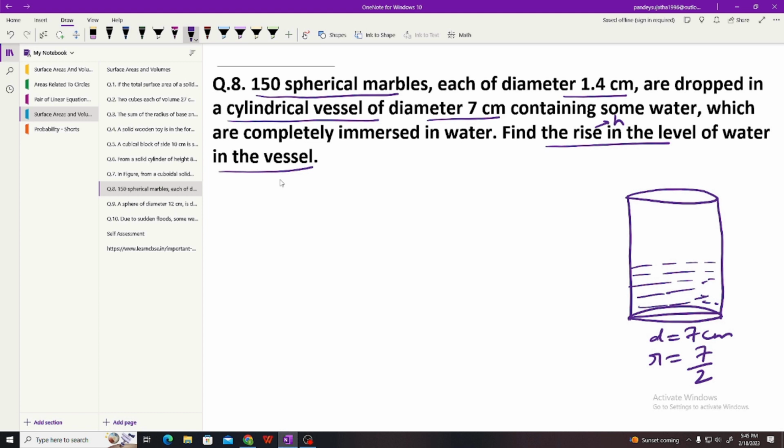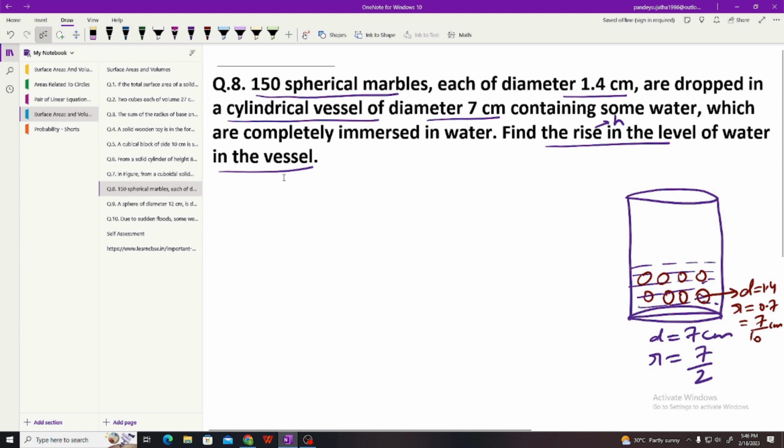So in this cylindrical vessel, 150 spherical marbles are dropped, whose diameter is given here as 1.4 centimeter. Diameter is 1.4 centimeter. Then the radius will be equal to 0.7 centimeter, that is equal to 7 upon 10 centimeter.